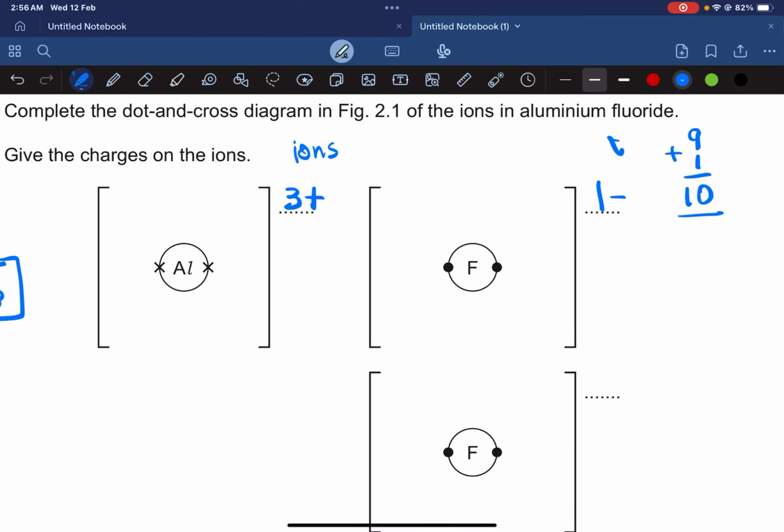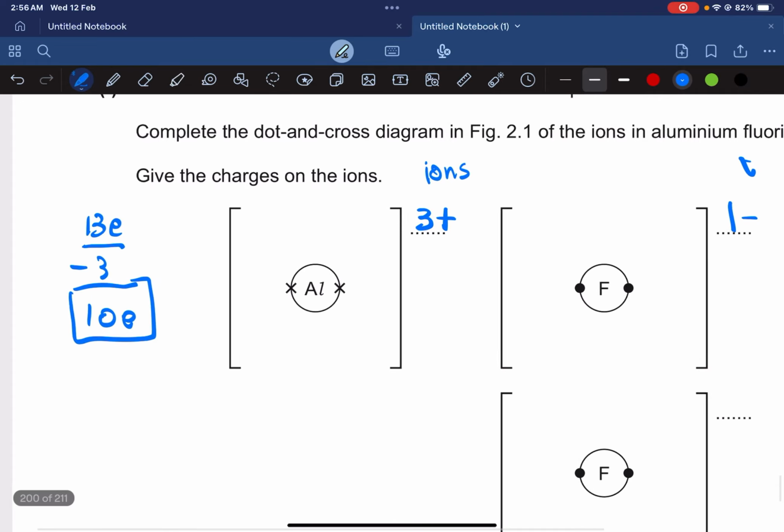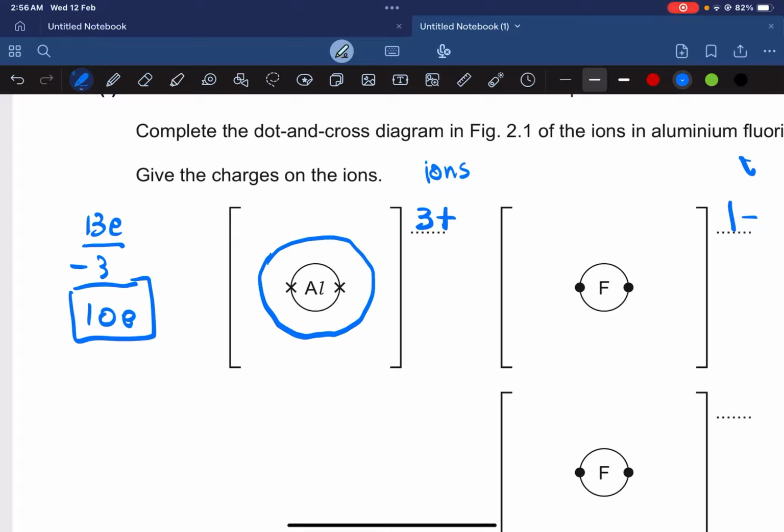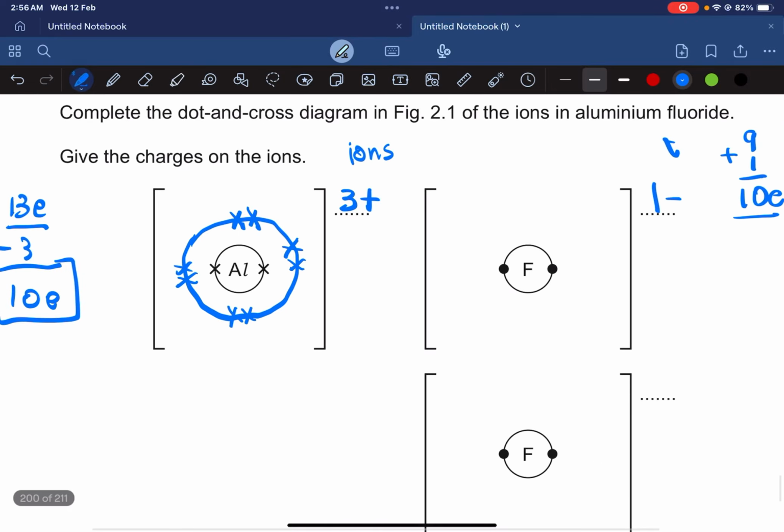Let's draw the 10 electrons for aluminium first. We are already given 2 electrons, which means we only have to draw 8 more. We draw this shell over here, and that's 1, 2, 3, 4, 5, 6, 7, and 8. Now we have to draw 10 electrons for fluorine as well.